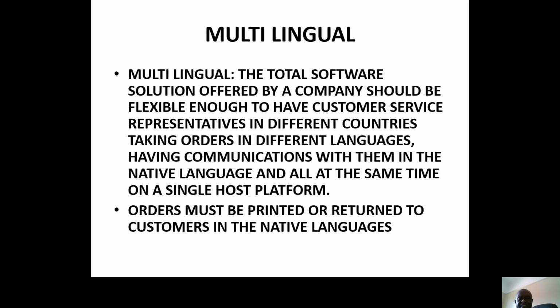The beauty of it is using their native language, all at the same time, on a single computer platform. How do you like that? It's beautiful. Orders must be printed or returned to the customer in their native languages.